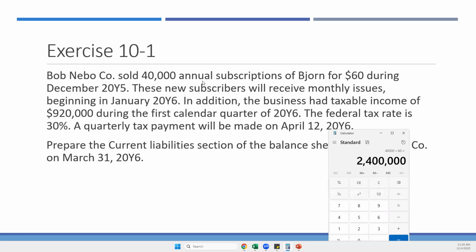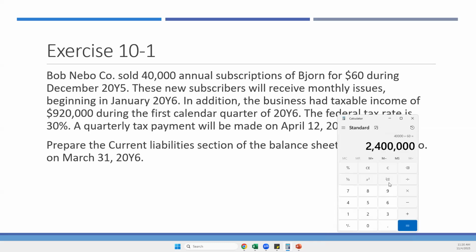And the key details here, it's an annual subscription and they receive monthly issues. So we can assume that a quarter of this has been used up because we're reporting this as of the first quarter. So if we just multiply by 0.75, we get 1.8 million. That's going to be our magazine unearned revenue as of the first quarter.